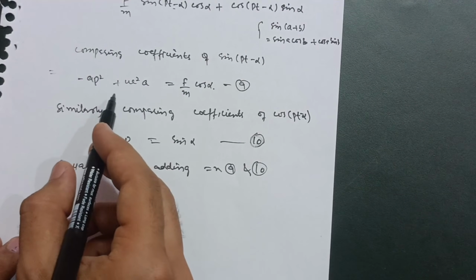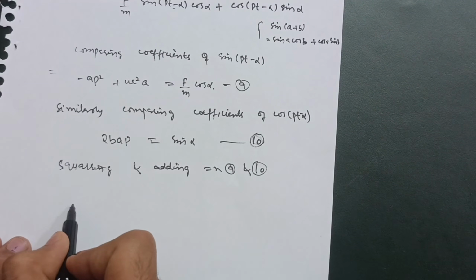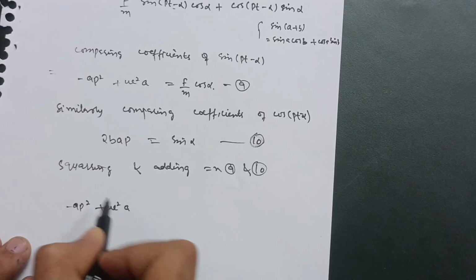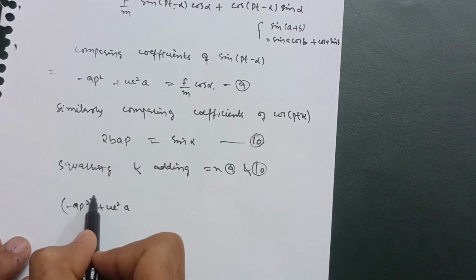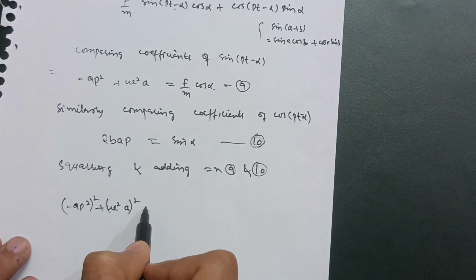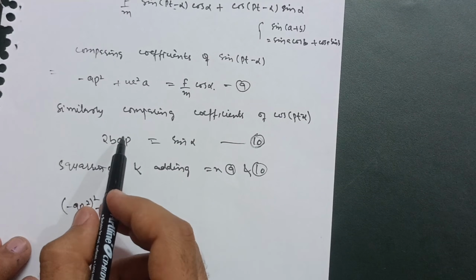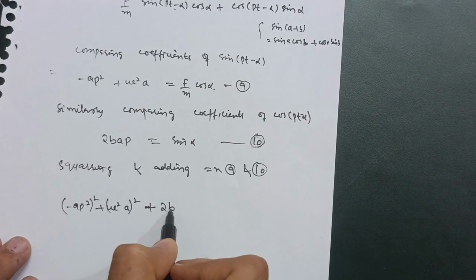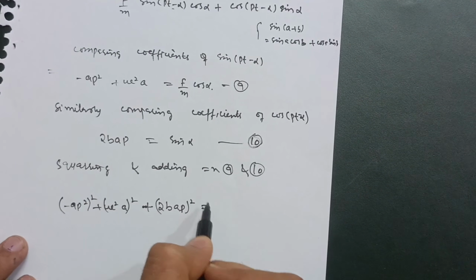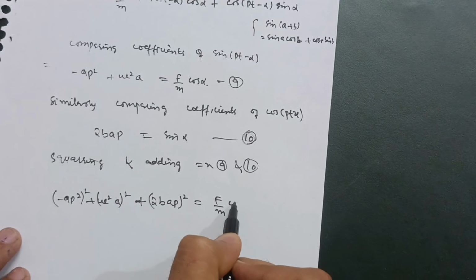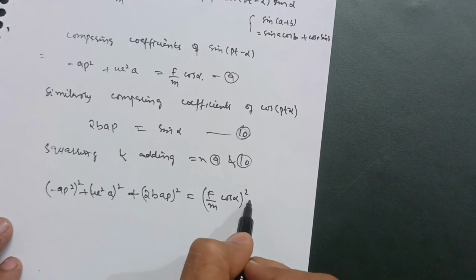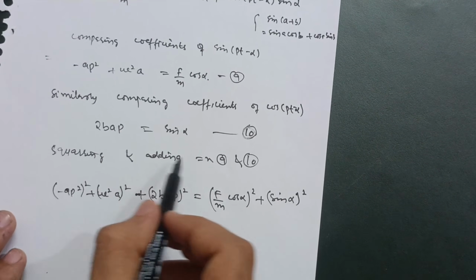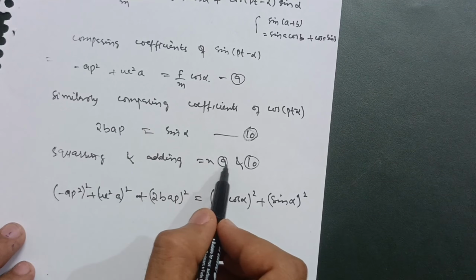I am doing firstly the square over here, so I will get minus times ap square plus omega square a, I will just square it, which is equal to, and you are adding this particular term, that is plus 2 times bap whole square is equal to f by m cos of alpha whole square plus sine of alpha whole square. This is your whole step, that is squaring and adding equation 9th and 10th.